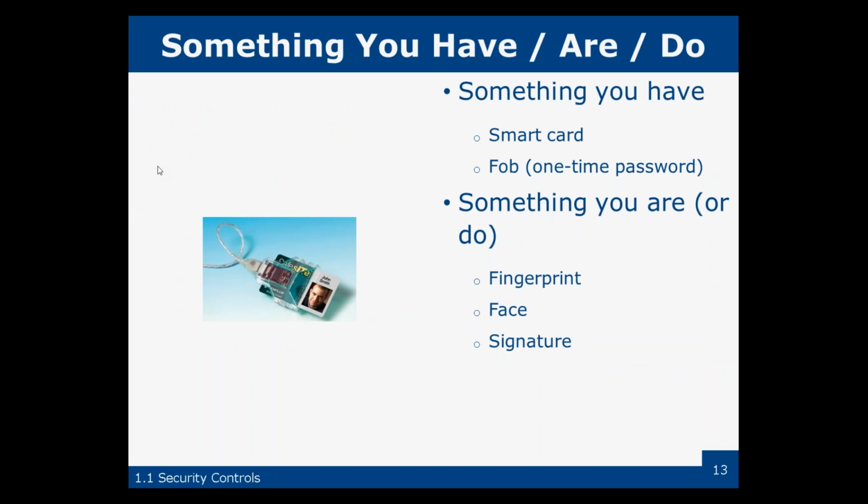Something you have is a smart card, a fob, a one-time password, and something you are: fingerprint, face, signature, retinal scan, a number of different items for biometrics. Biometrics are becoming less expensive, but they're still not cheap.